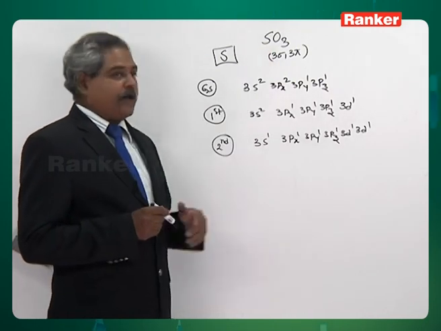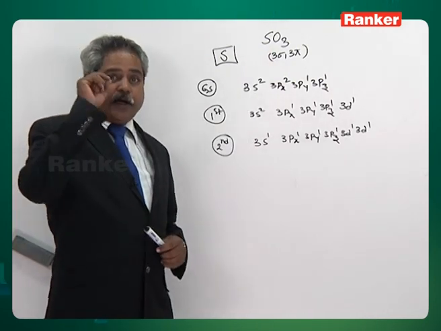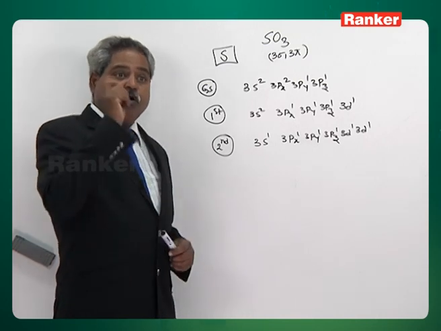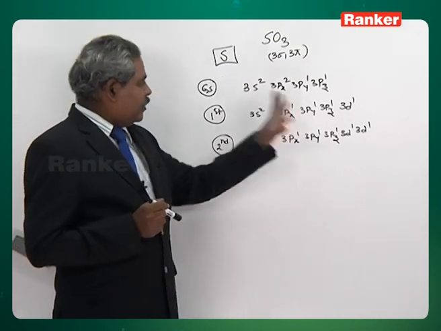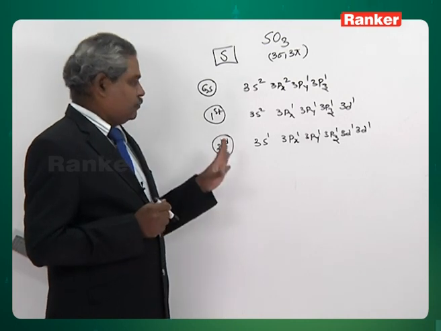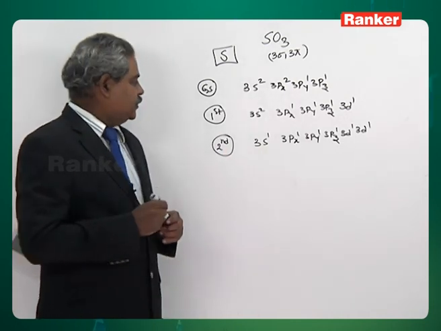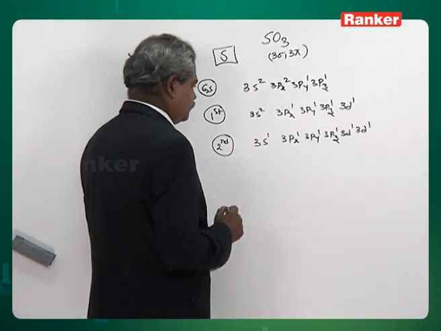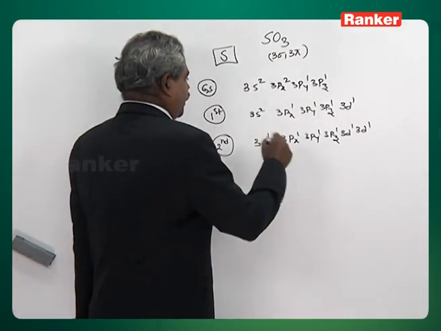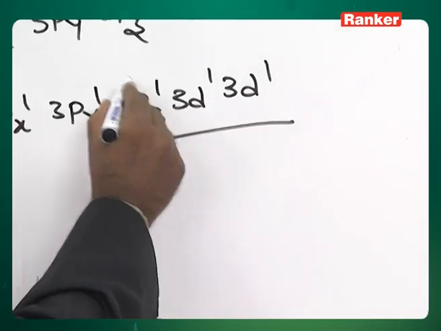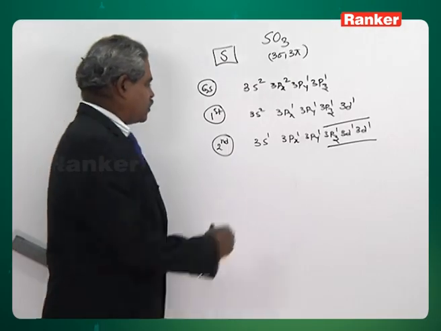You require 3 pi bonds. Pi bonds are formed by pure orbitals only. Hybrid orbitals cannot be used for the formation of a pi bond. So, leave these 3 for pi. Mix all the others.